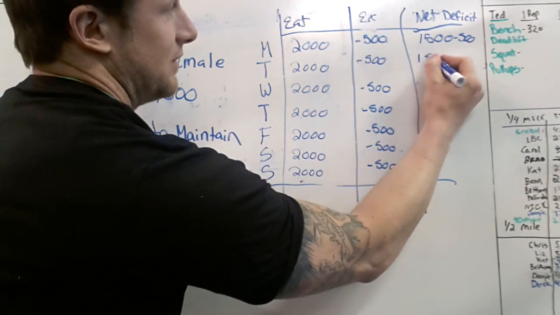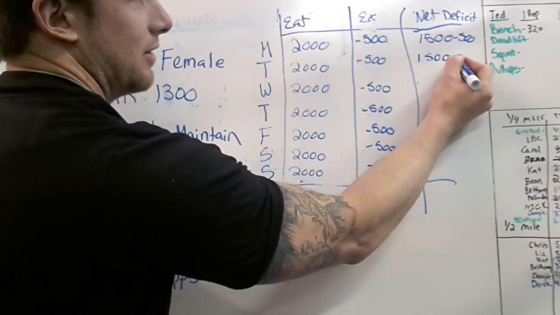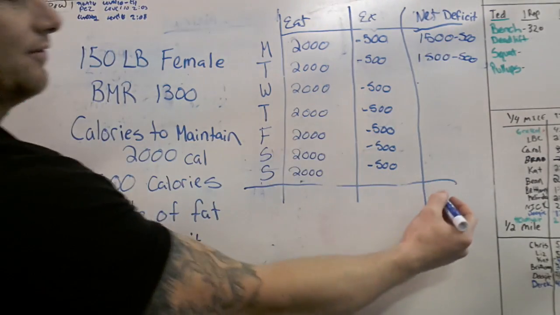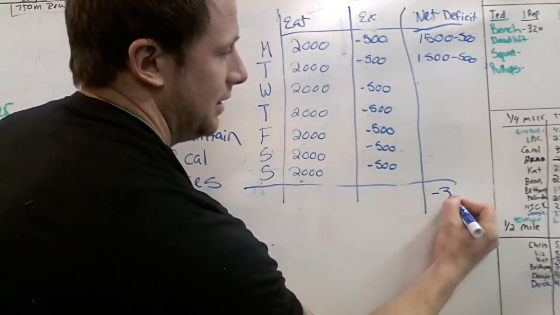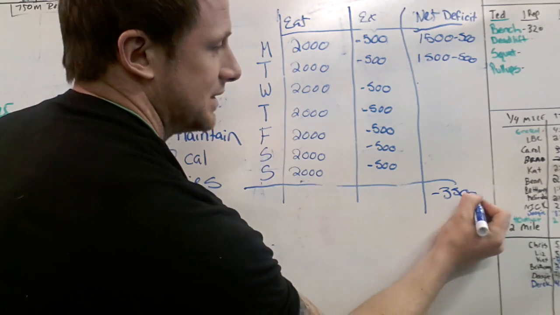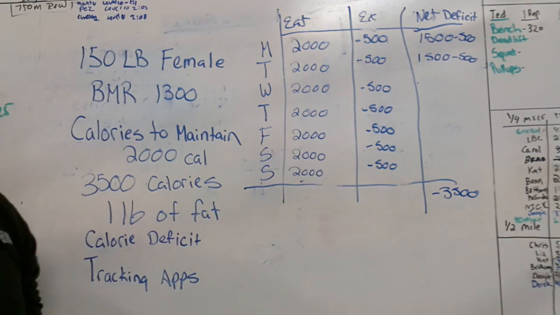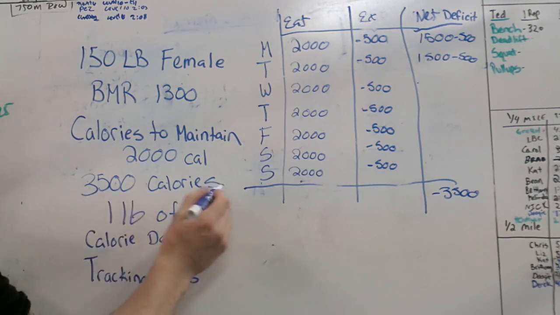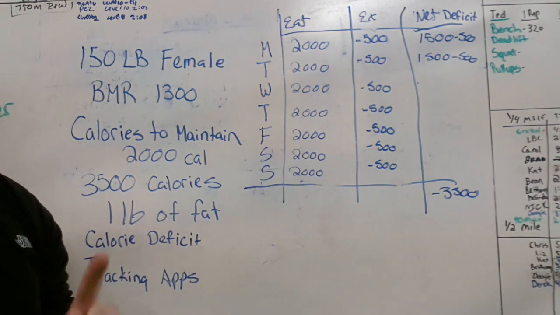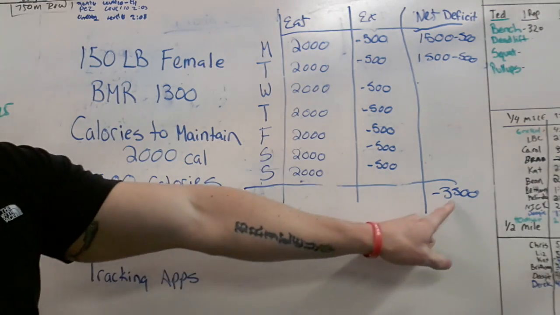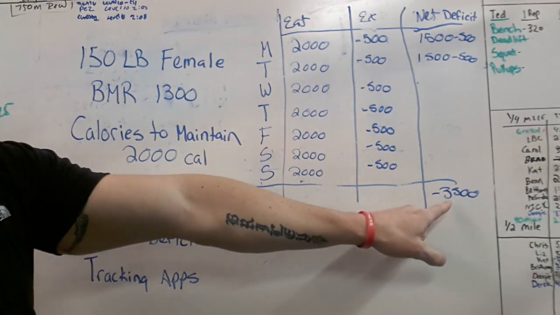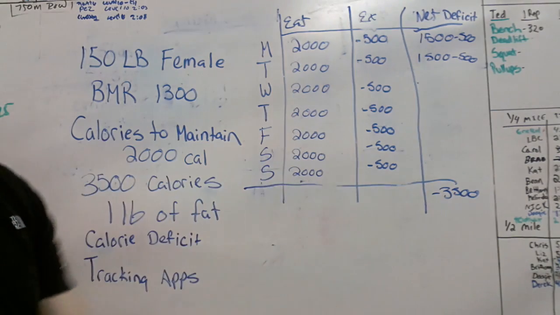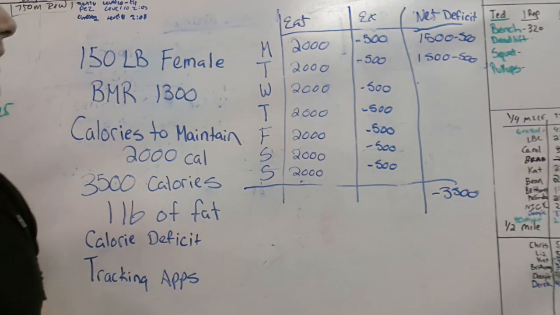If we take this 1,500 calories and created 500, well, we can assume at the end of the week, we should have created this calorie deficit of about 3,500 calories. And as we learned earlier, there is 3,500 calories in 1 pound of fat. So by this deficit, we should have lost approximately a pound of fat. So, okay, well that's great.